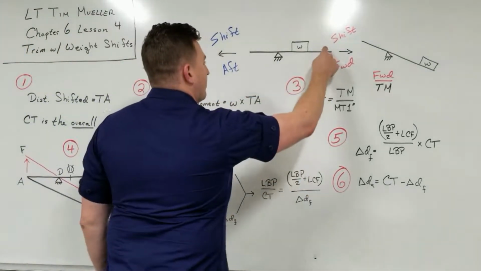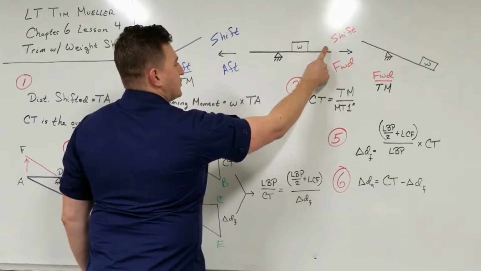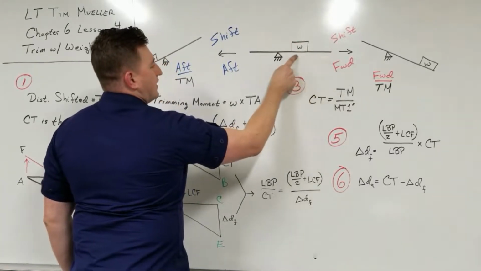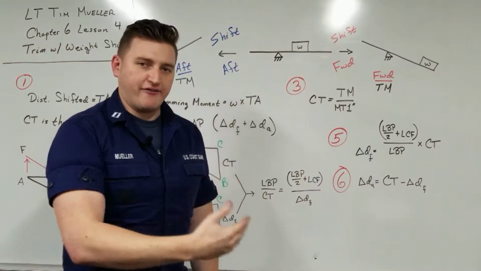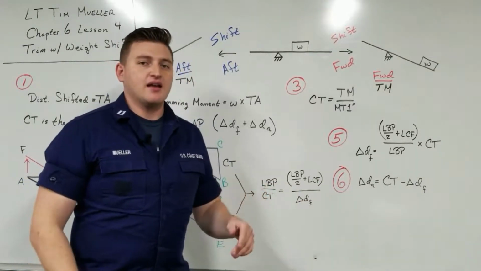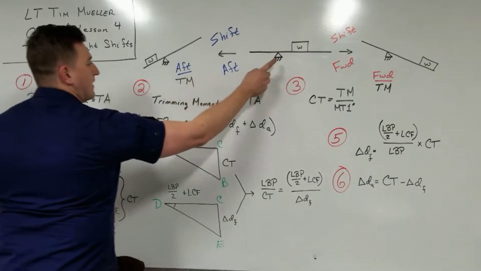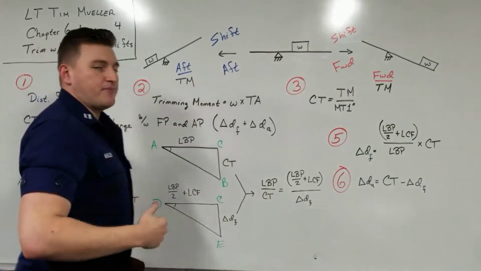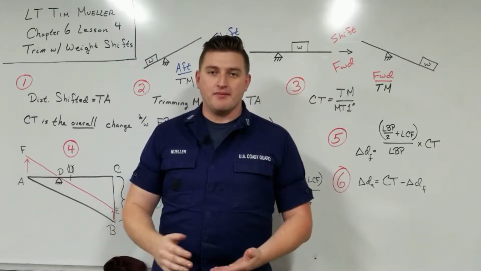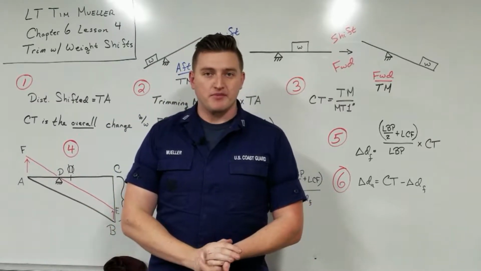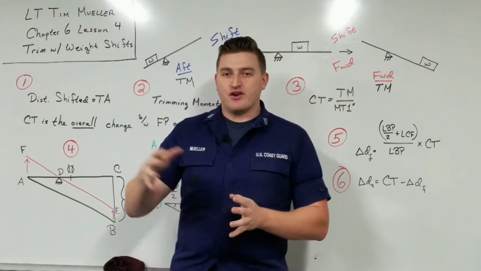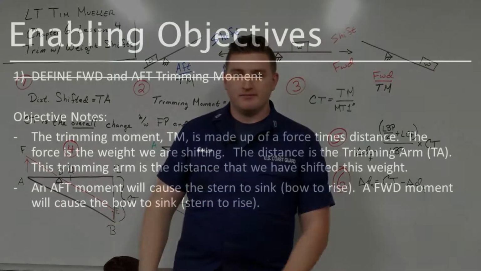If we started with the weight right here and we shifted it to this position here, that would still be an aft trimming moment because it depends on the direction that you're shifting, not the orientation with respect to the LCF. So keep that in mind. That's a very common mistake that people make when it comes to test time with trimming problems. It depends on the direction that you move the weight, not if it crosses the LCF or not.